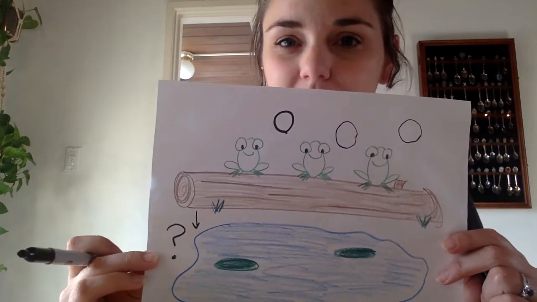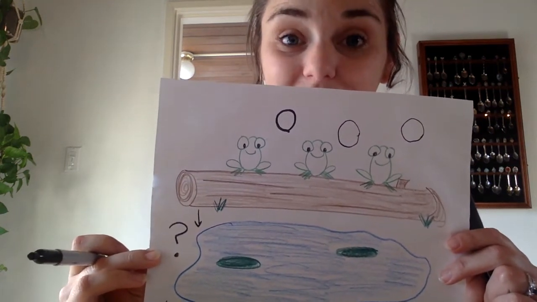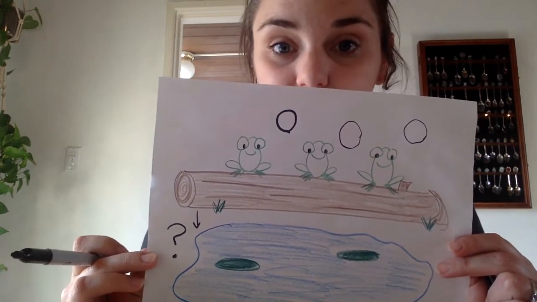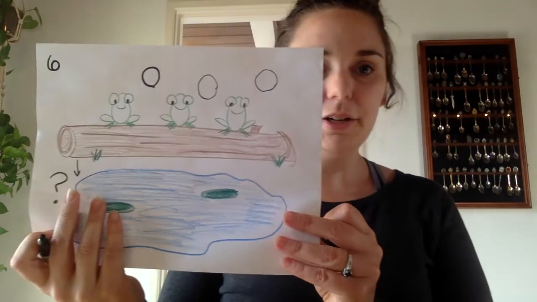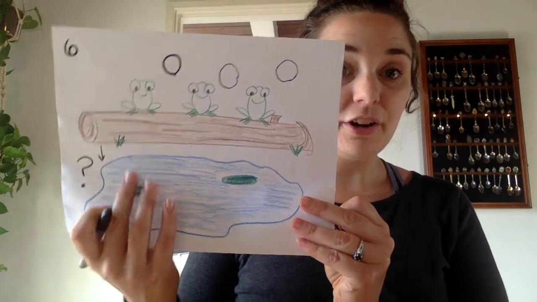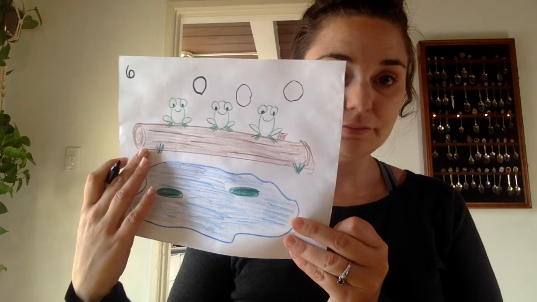How did you solve this? Maybe it was different than how I did, and that's okay. One way we could have solved this was thinking, there were 6 frogs on the log, and there are 3 left.